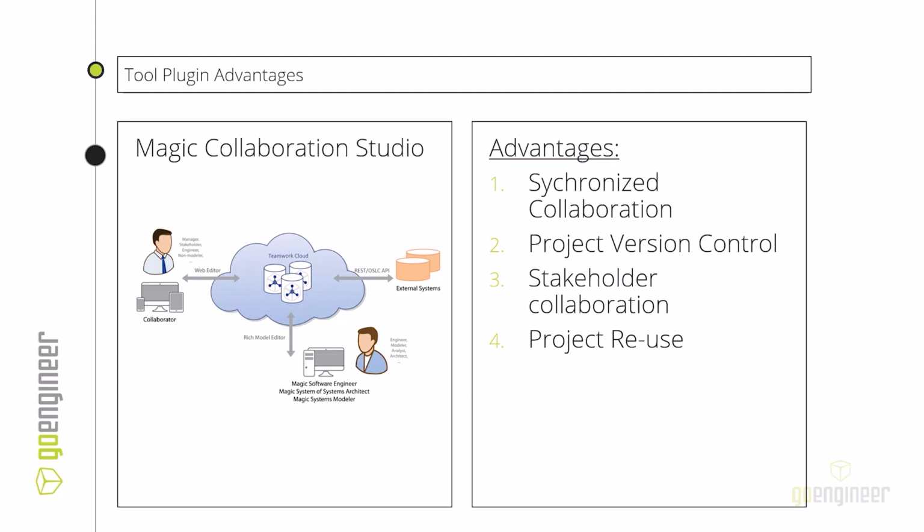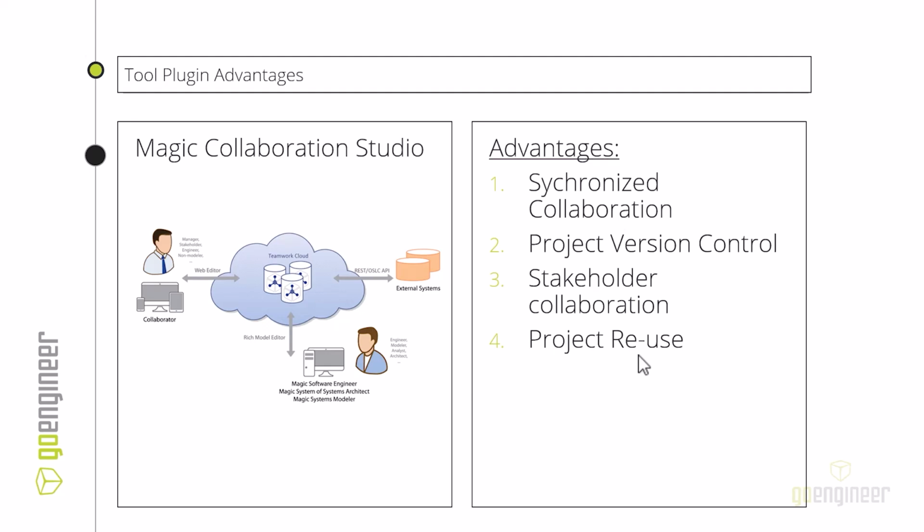So even if you do have one person who is your system engineer, it's still beneficial to have Magic Collaboration Studio just because of that version control. And also the project reuse. It's a lot easier to reuse a lot of your foundation on your projects whenever you are using Magic Collaboration Studio and creating those new projects, and having that extra benefit as you go through your model-based systems engineering process.